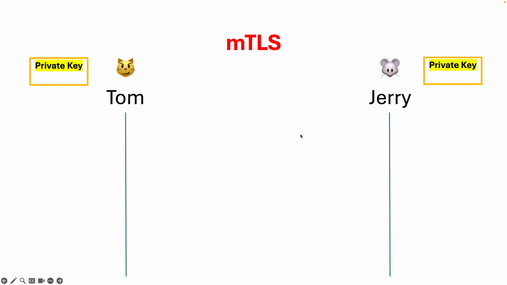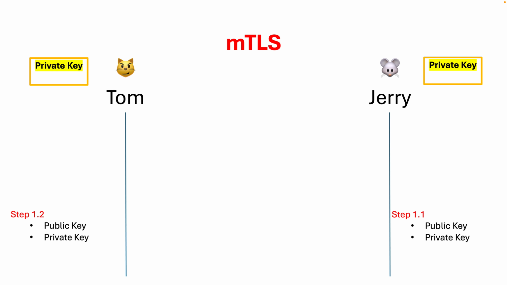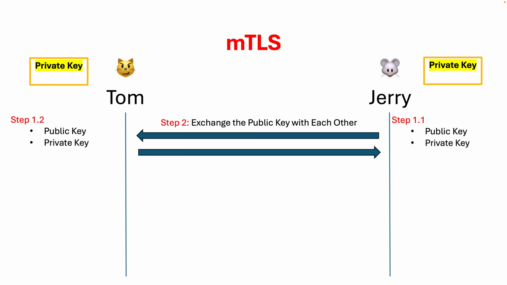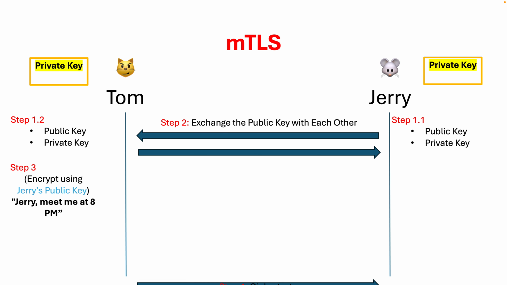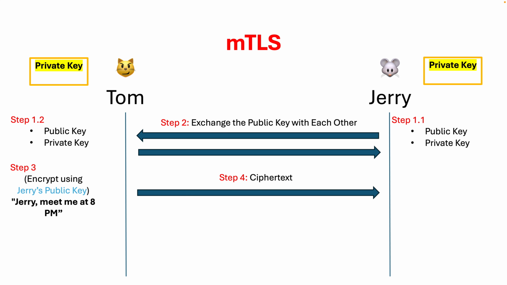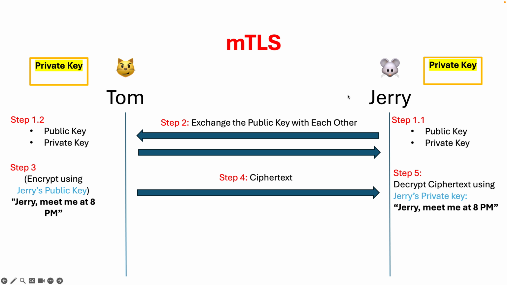In mTLS, both Tom and Jerry generate their own key pairs, a public key and a private key. Then step 2, they exchange their public keys, and then they both use each other's public key to encrypt the message so they can decrypt the message received using their own private key, like in this demonstration.